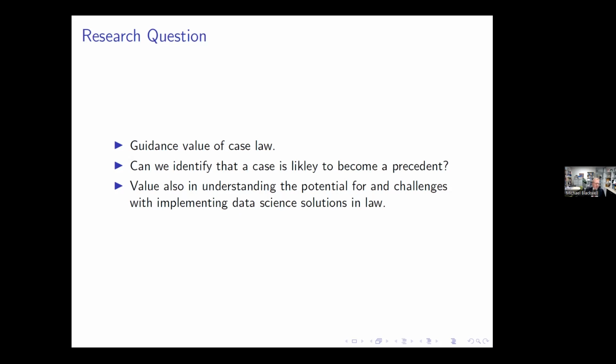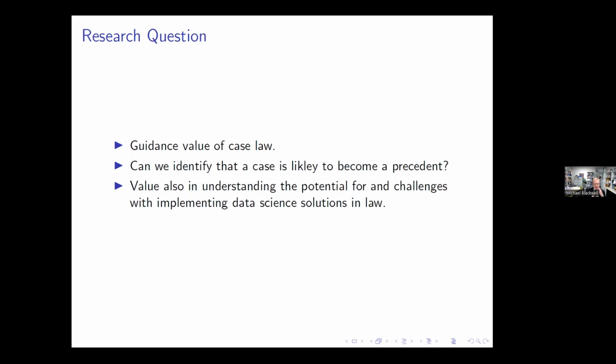Because if we can, litigation has a cost to it, both to the individual and to the state. And if we can see that not all litigation is likely to be of guidance value, and we can identify which litigation is, then that informs which litigation should be encouraged.